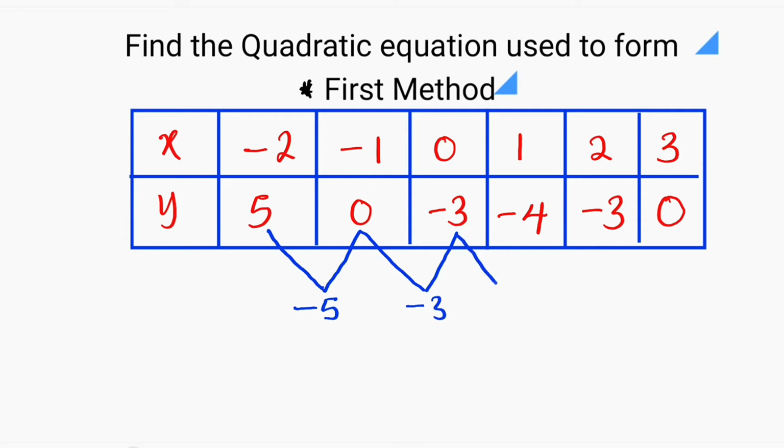What number can you add to -3 to get to -4? That number is -1. What number can you add to -4 to get to -3? That number is +1 because -4 plus 1 is -3. What can you add to -3 to get 0? It must be equal to 3. So this is our first difference.